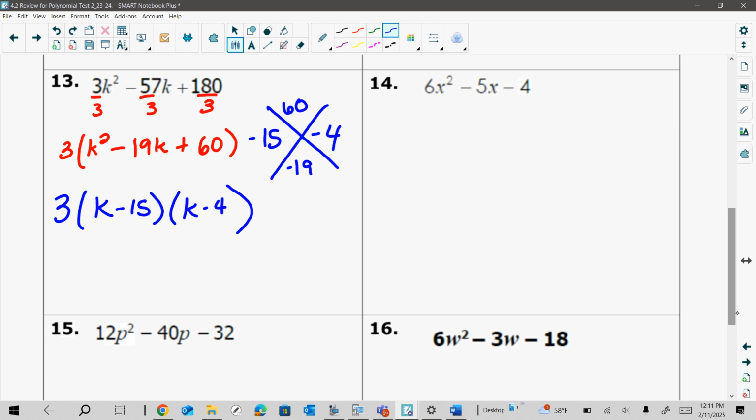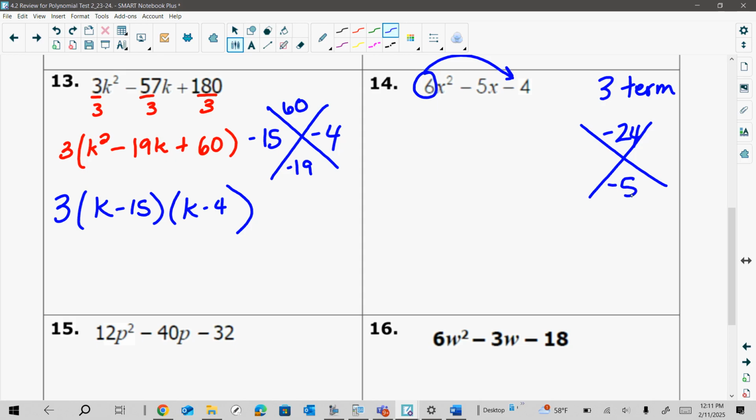Now, in 14, again, we have 3 terms, but 4 cannot go into 5. So no GCF, right? So I still have a 3 term, but we have a coefficient, the 6. So we have to do slide and multiply. So that is going to give me a negative 24 in our puzzle.